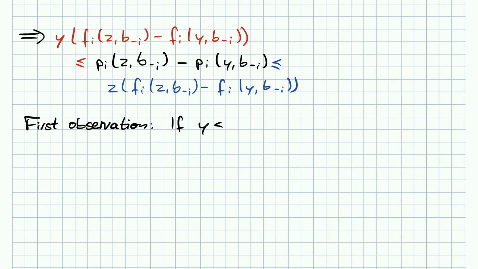If y is at most z, then fi of y comma b minus I will be at most fi of z comma b minus I. Why that?